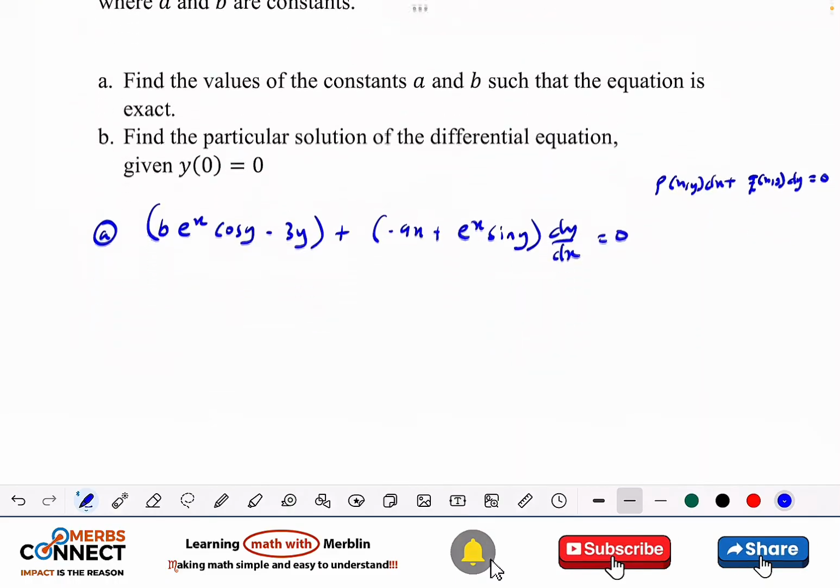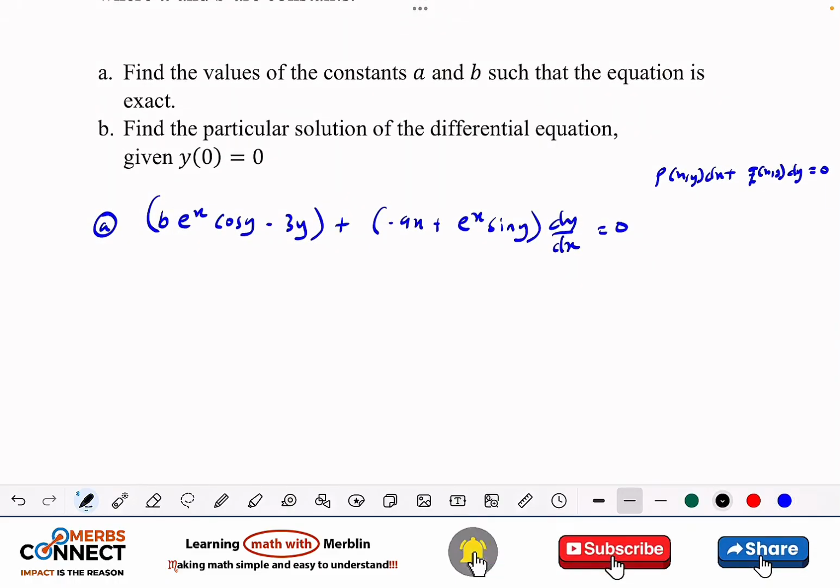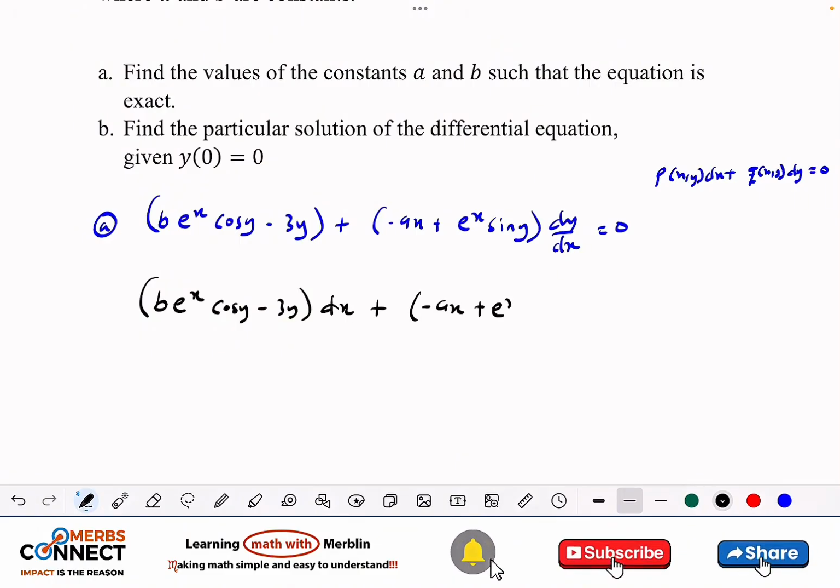So the first thing that we need to do is multiply through by dx: (b e^x cos y - 3y) dx + (-ax + e^x sin y) dy = 0.